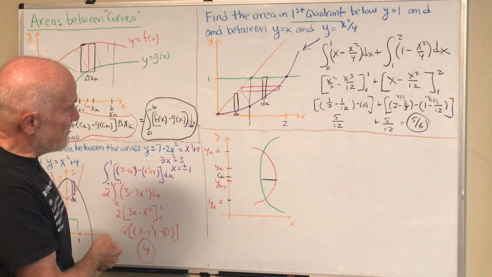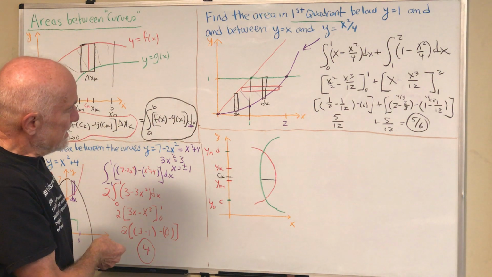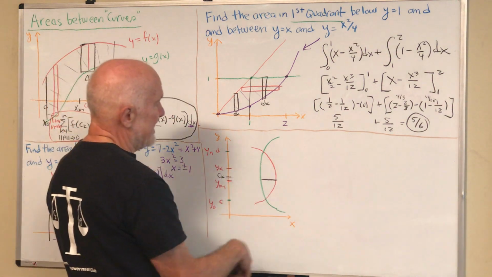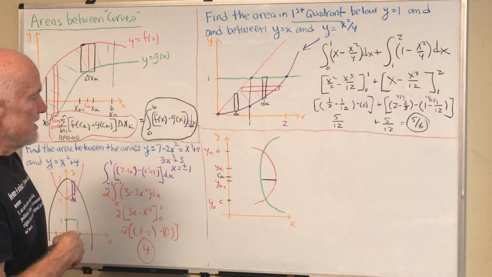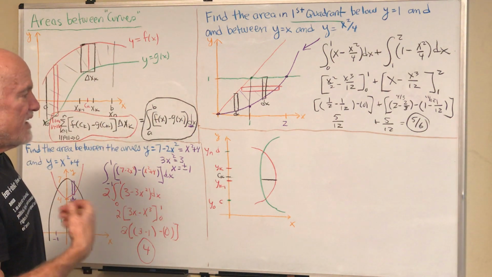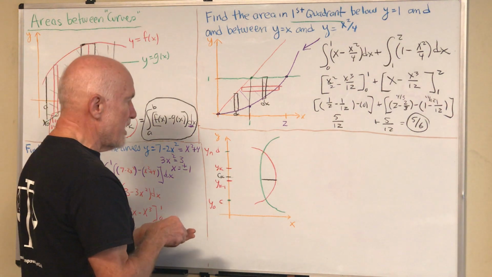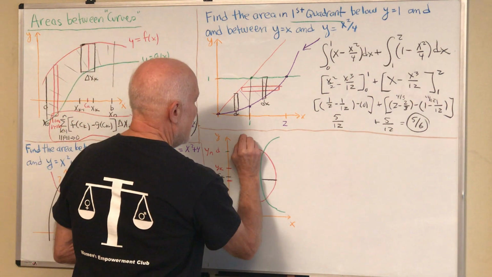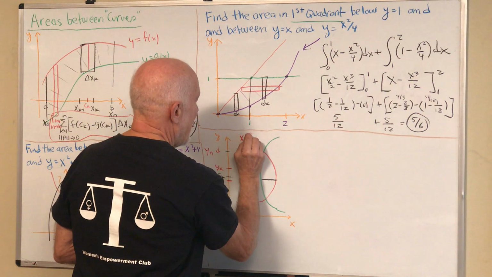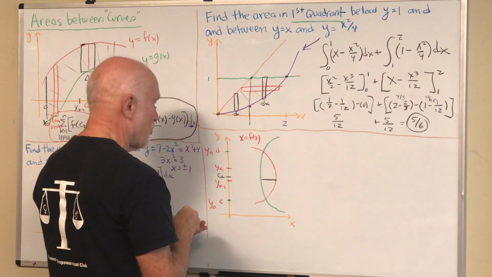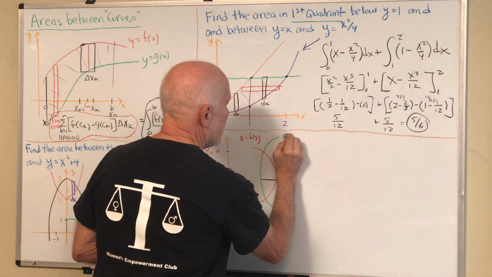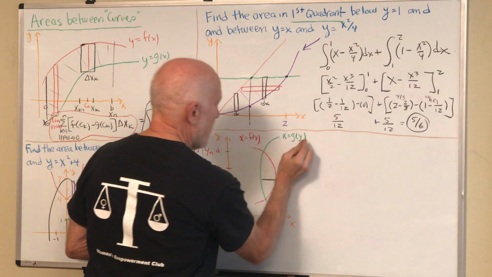then I would have a function of y. So every y value would only have 1 x value. So I'm thinking that maybe this red one right here is x equals f of y, and the green one is x equals g of y.